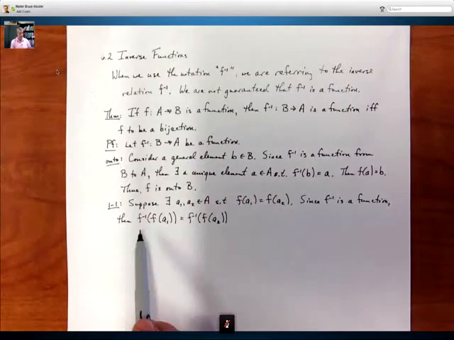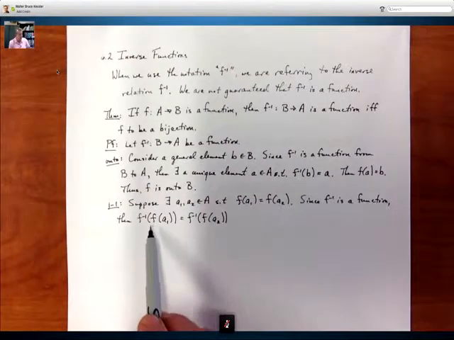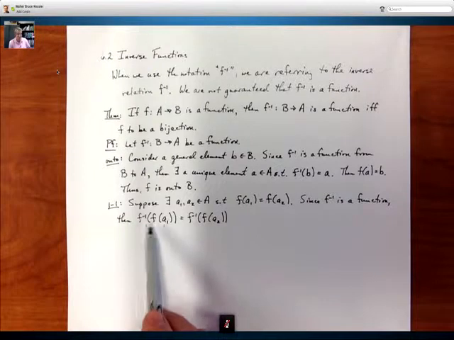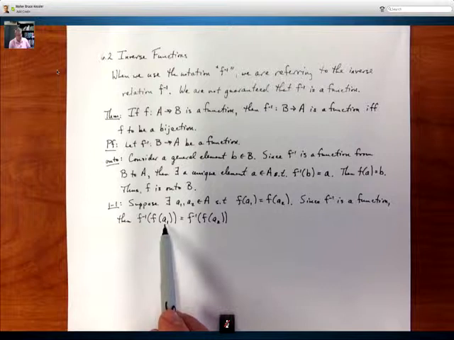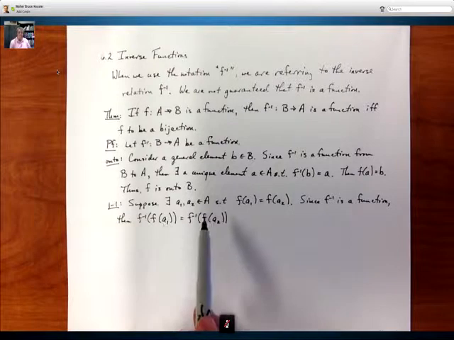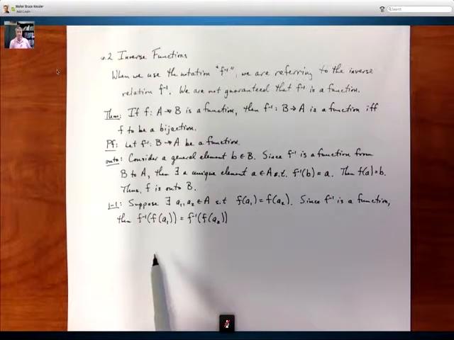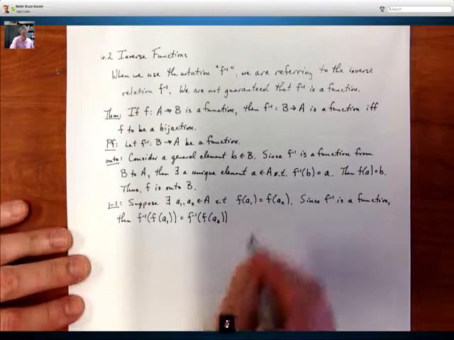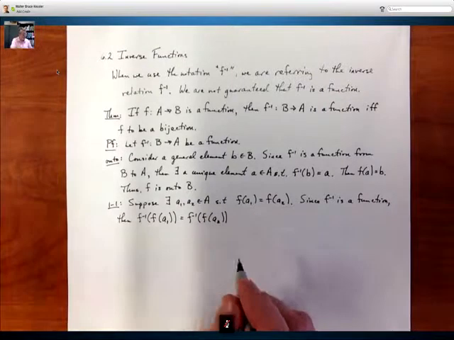But remember what inverses do, right? They undo the ordered pair. So whatever A1 goes to in B, F inverse would turn around and take that B and bring it back to A1. Right?